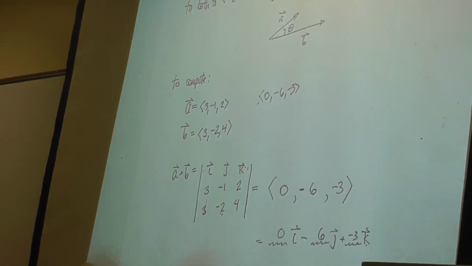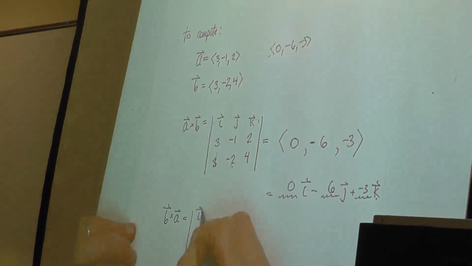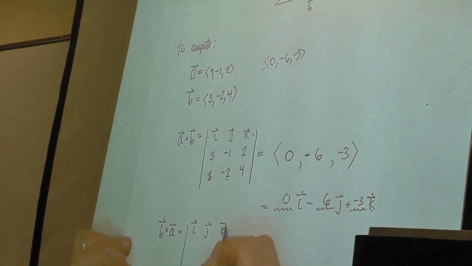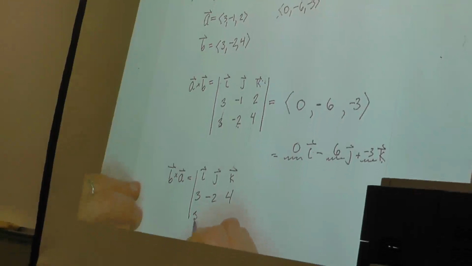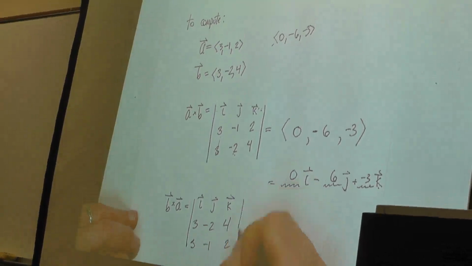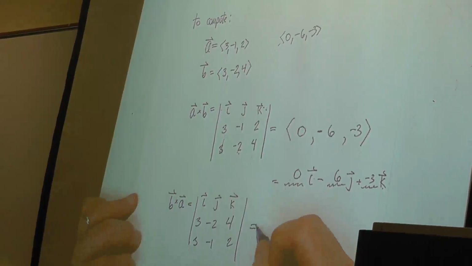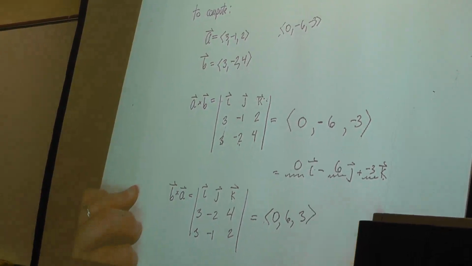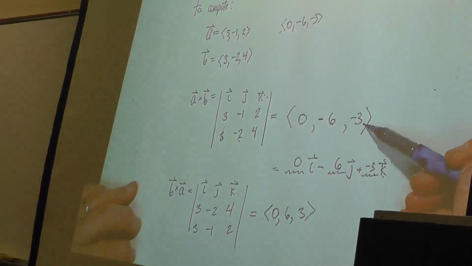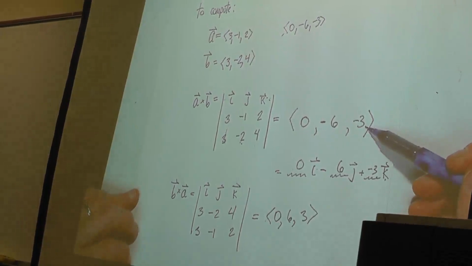This is A cross B. If you look at B cross A, so I, J, K, it's going to be this. And if you compute this out, you will end up with the negative of this. This is not commutative. Order matters.